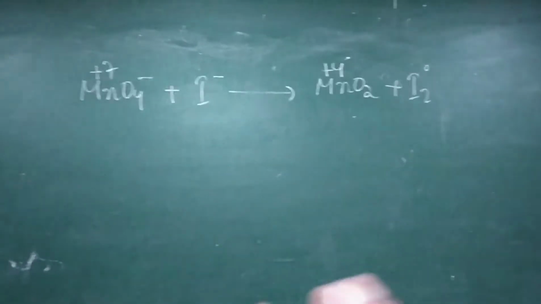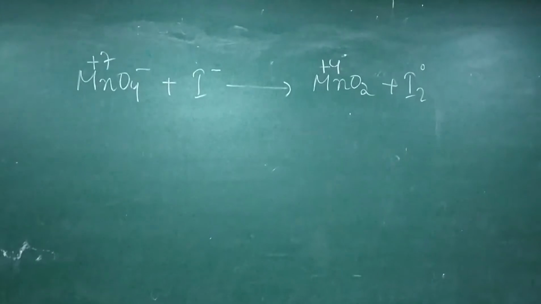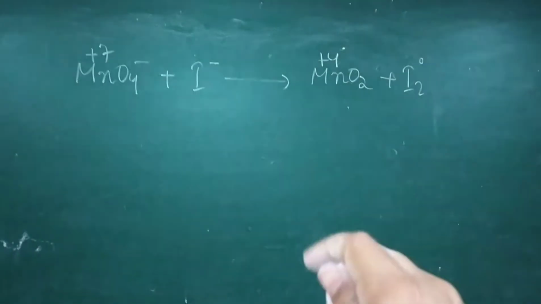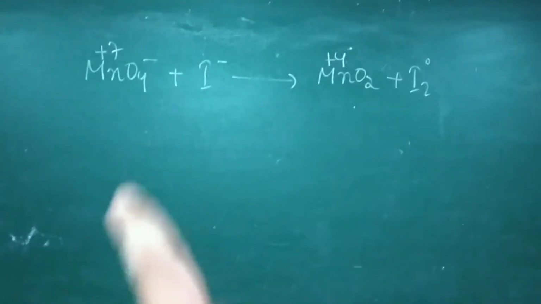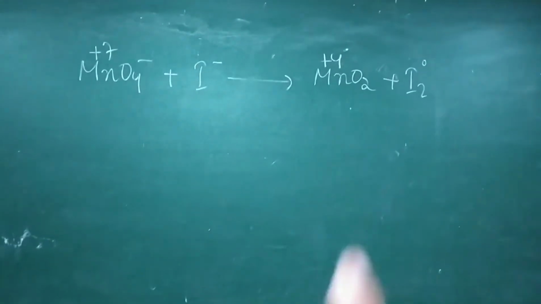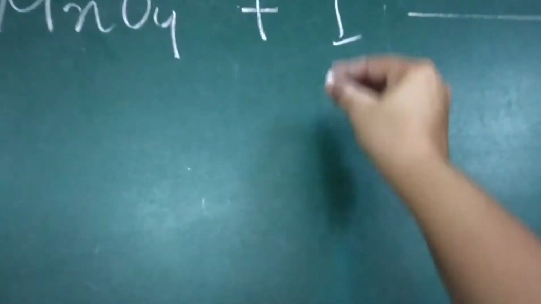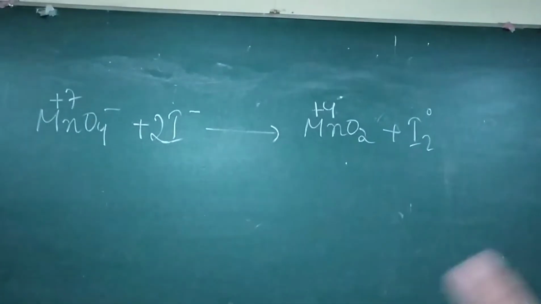Except oxygen, there are 2 other atoms, which are manganese and iodine. Manganese is balanced on both sides, but iodine is unbalanced. So we will first balance the iodine atom. We will multiply here by 2, so the iodine is now balanced.